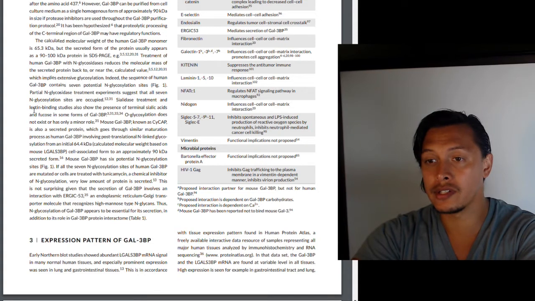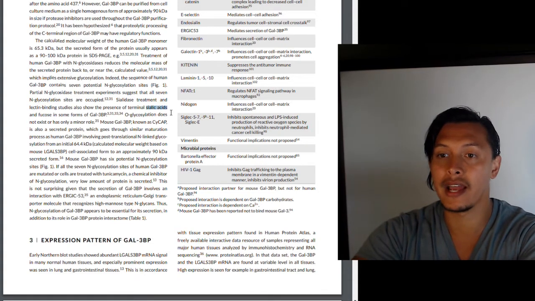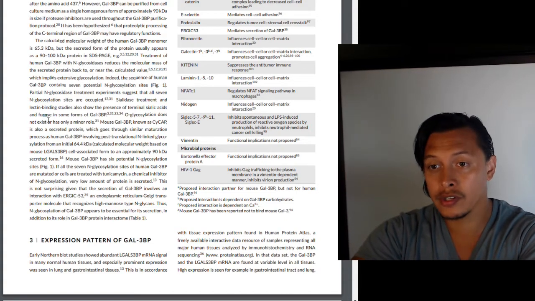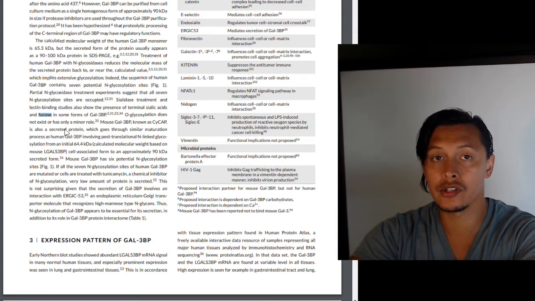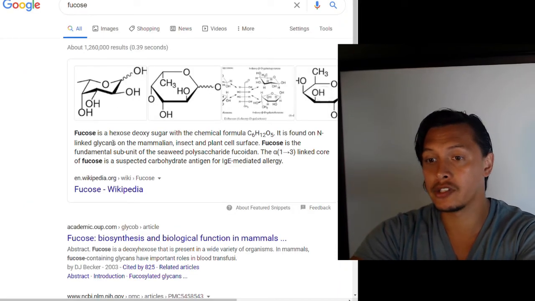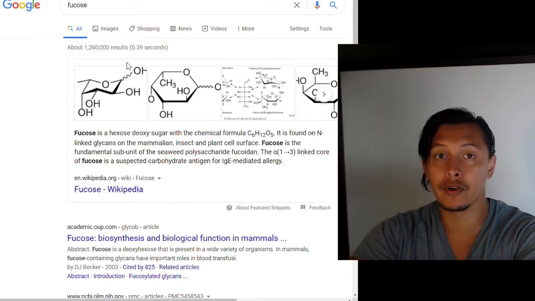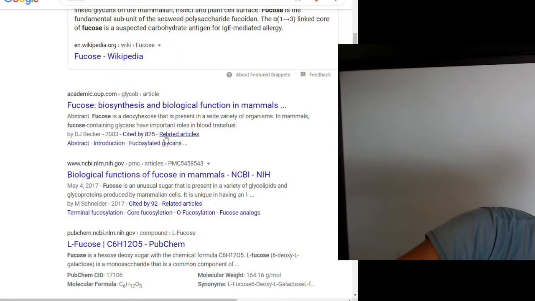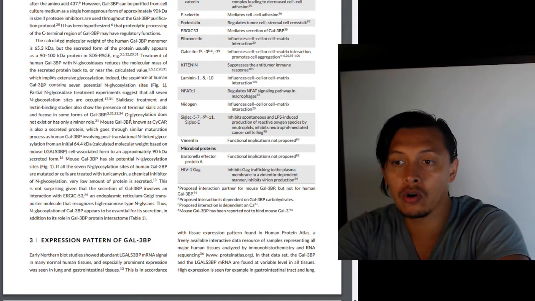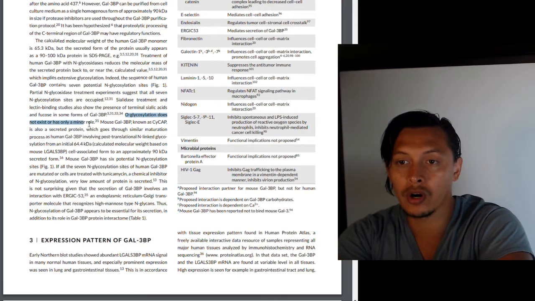So this is telling us that there is the presence of sialic acids and fucose in some forms of galectin-3 binding protein. And fucose is just another sugar that can frequently be found on proteins. So, O-glycosylation does not exist or has only a minor role.